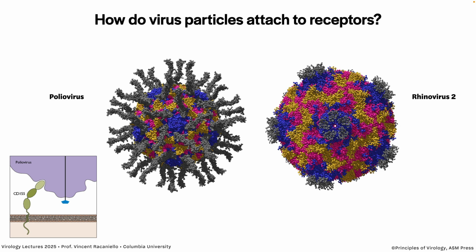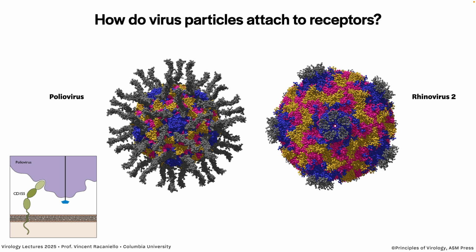So let's talk briefly about how virus particles attach to receptors. And we have two picornaviruses here, poliovirus and rhinovirus. And these illustrate two different ways. So poliovirus, these are both built with icosahedral symmetry. So you can just see the five-fold axis of symmetry for poliovirus and for rhinovirus there.